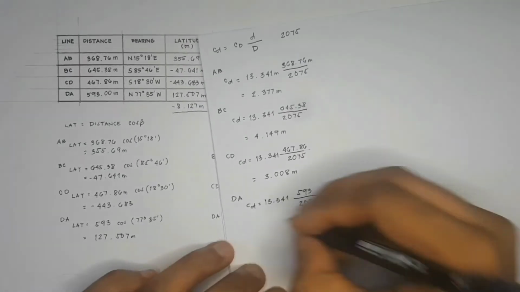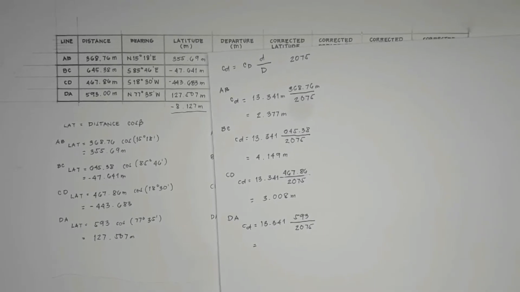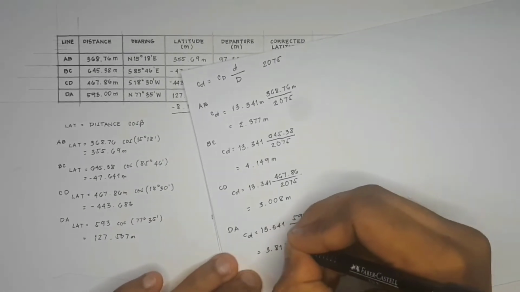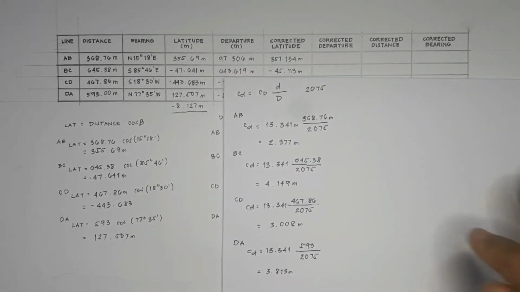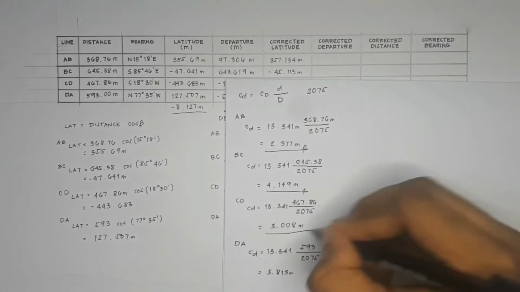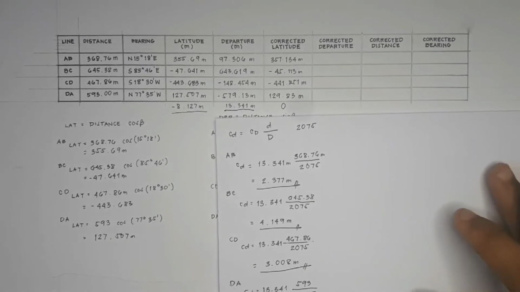This gives us 3.813 meters. So these values are the errors.